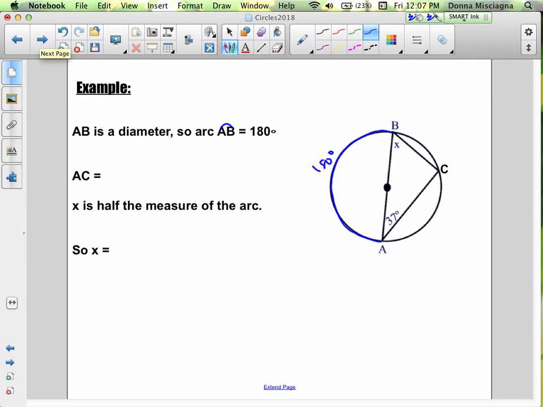We know that angle A there is 37 degrees.